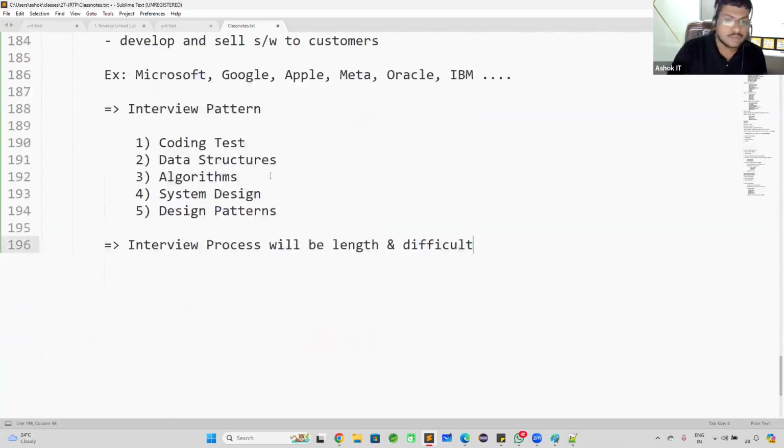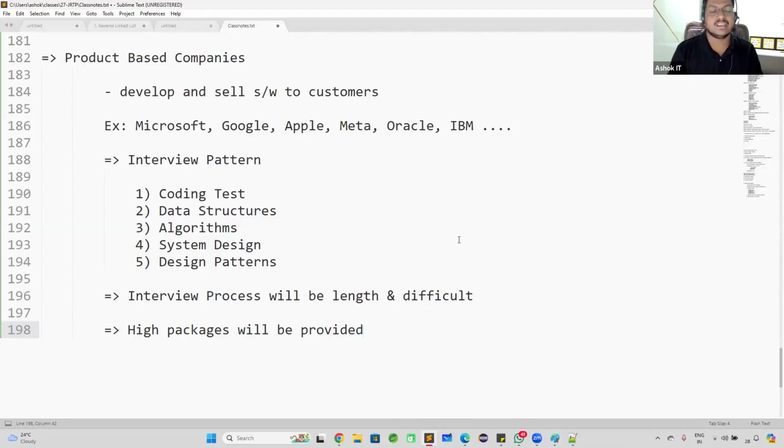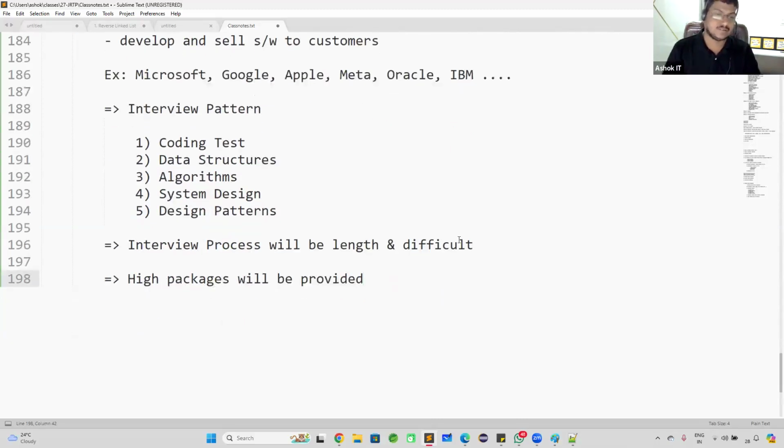And when it comes to the package structure in product-based companies, guys, high packages will be provided. For example, product-based companies may give you packages like this: years of experience multiplied by 10 to 15 lakhs.